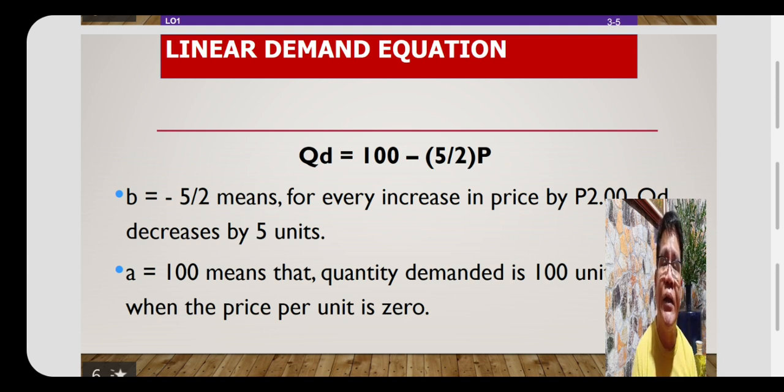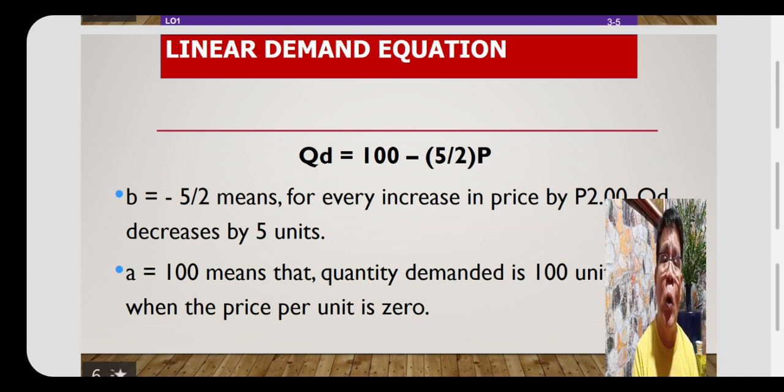For every increase in price by 2 pesos, the quantity demanded decreases by 5 units. Here, I clearly stated that the first one that has changed is the price, by 2 pesos, and because of that change, the quantity also changed by 5 units.